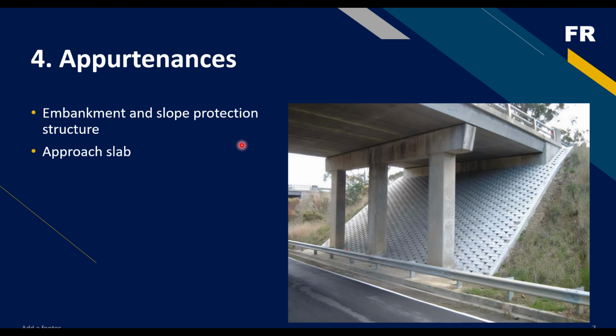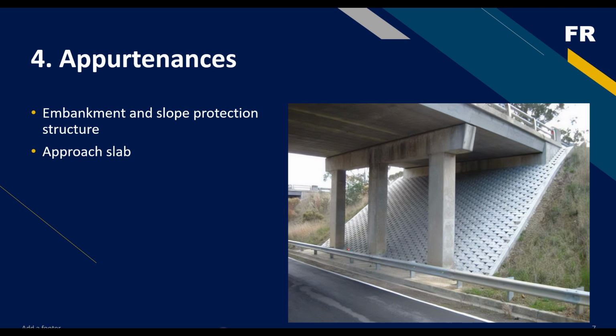So you need to provide a slab that is going to connect the highway to the bridge if it's a highway bridge. Then we also have other kinds of appurtenances like river retaining structures. These are needed if the bridge is across a river. You need to protect your bridge so that as the river is flowing, it does not really affect the functionality of the bridge.